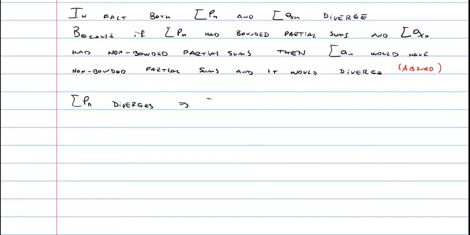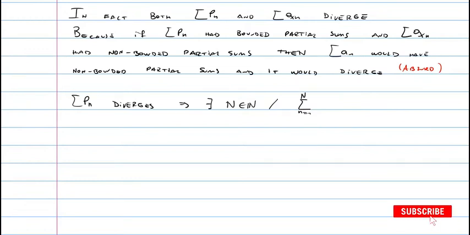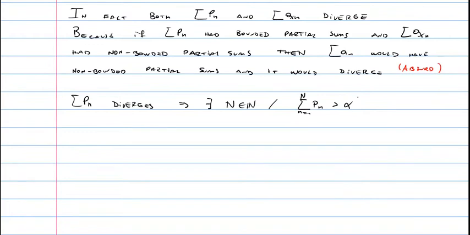What this means is that there exists a natural number n such that the sum from n equals 1 up to n of p sub n is greater than alpha, where alpha is the real number we have from our theorem. So we're going to call n1 the smallest of all such n's.